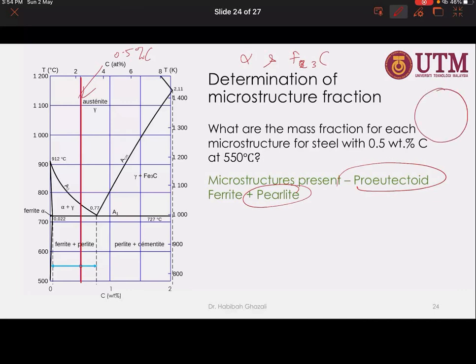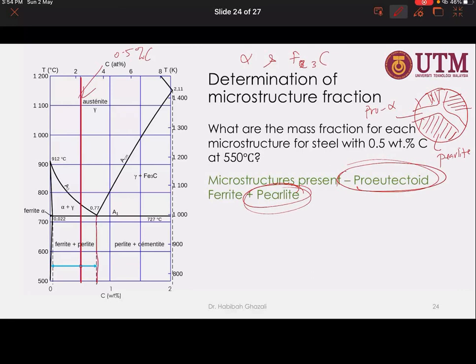If we look at the microstructure, we want to know how much proeutectoid ferrite there is and how much is the lamellar structure, pearlite. We don't want to differentiate between cementite and ferrite. We want to differentiate between pearlite and proeutectoid ferrite.